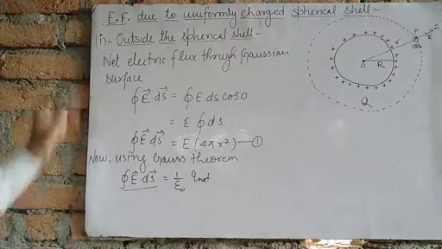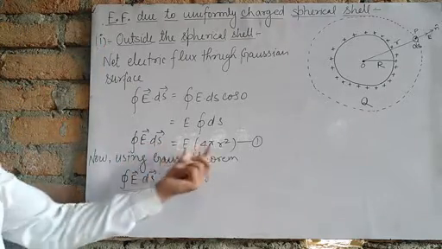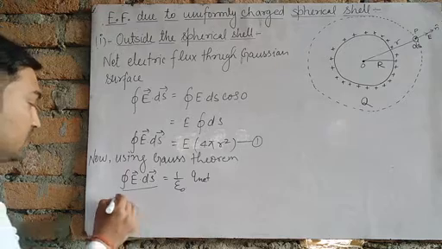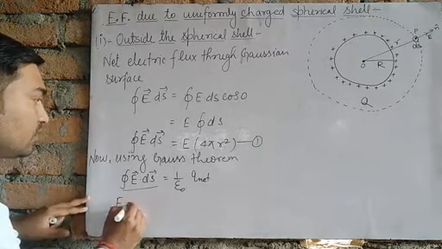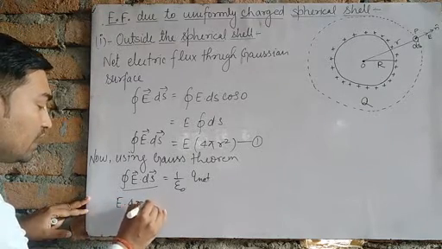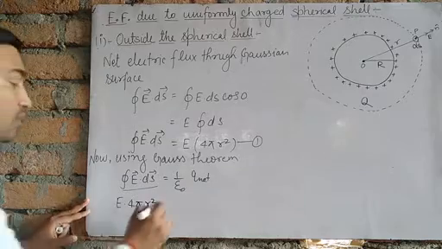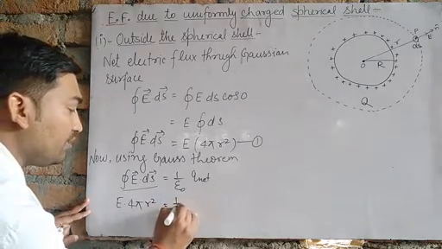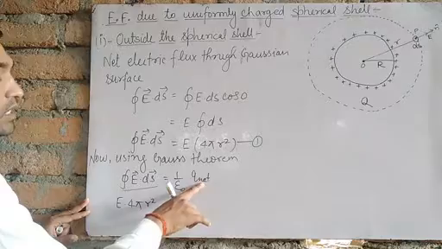The value of the left hand side, from equation 1, is E times 4 pi r square, equals 1 upon epsilon naught q net.